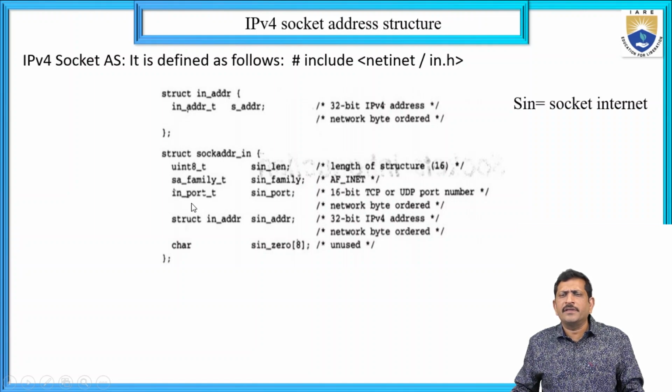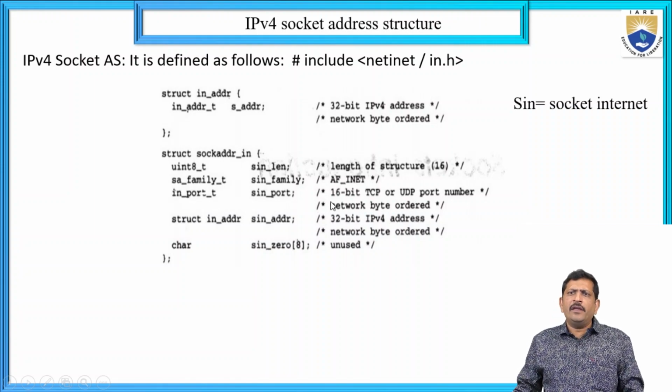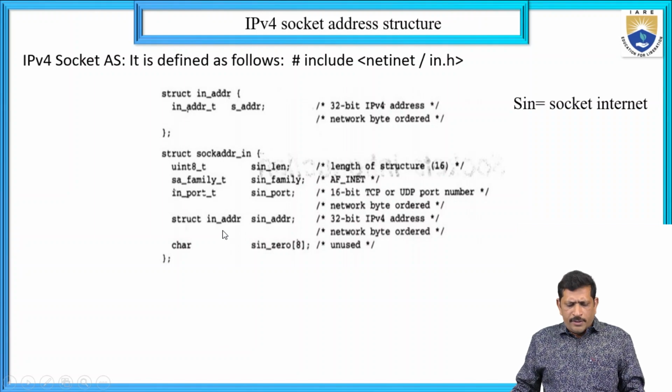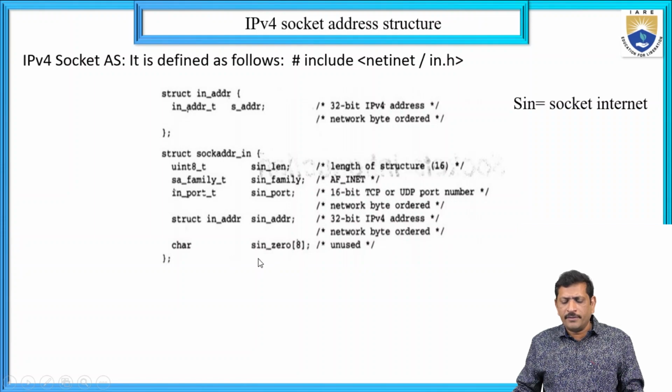Then in_port_t sin_port is the socket internet port, a 16-bit TCP and UDP port. struct in_addr sin_addr is the 32-bit IPv4 address, and char sin_zero[8] is also there. It is in network byte ordering.